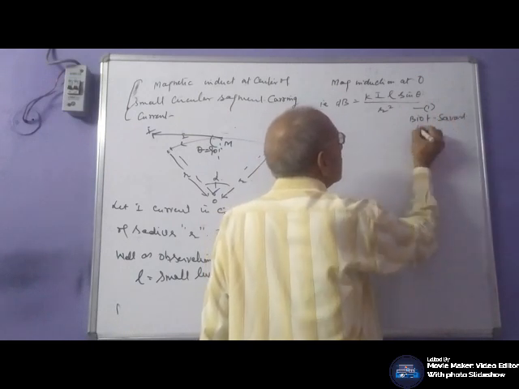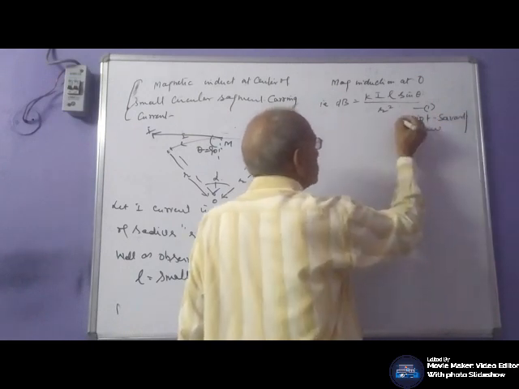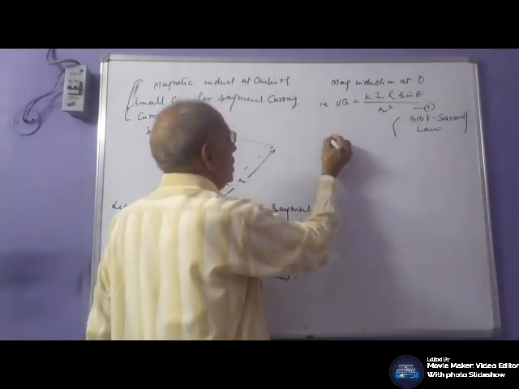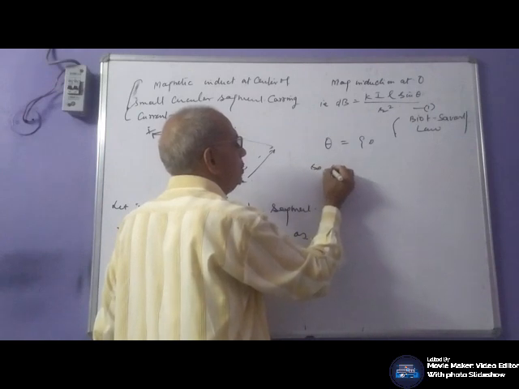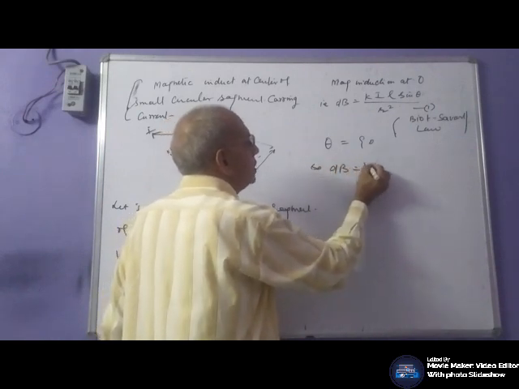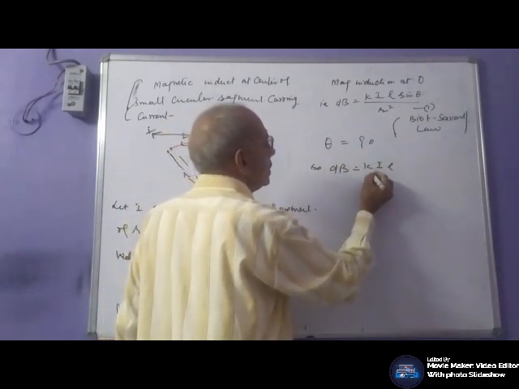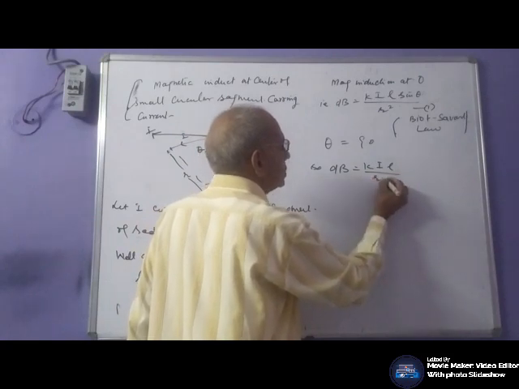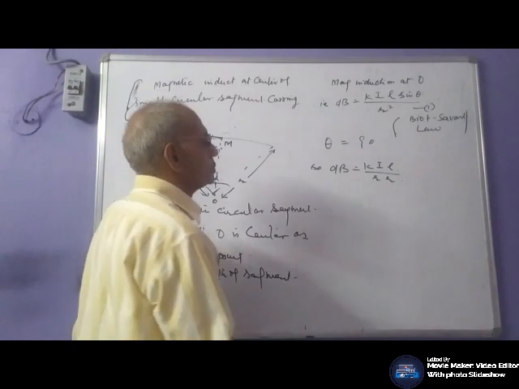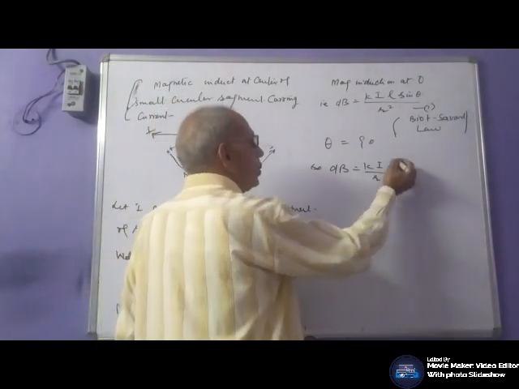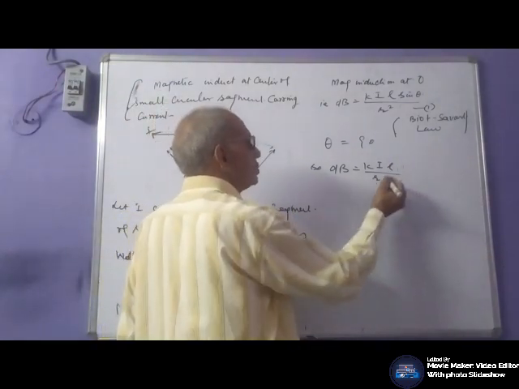Biot-Savart Law. Theta is 90, so dB is k I L by R square. Arc upon radius, this length is small.